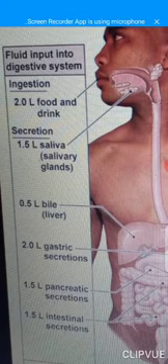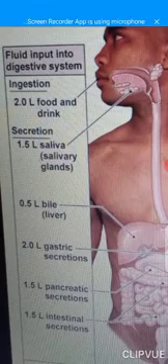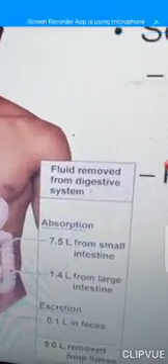Then the secretions will account for the remaining 7 liters. By secretions, we're talking about the salivary gland, the pancreatic secretions, and the intestinal juice. These three, 1.5 each, will form 4.5. Then we have the gastric juice, which has the maximum volume. Then we have the liver. So all this will form the input of 9 liters.